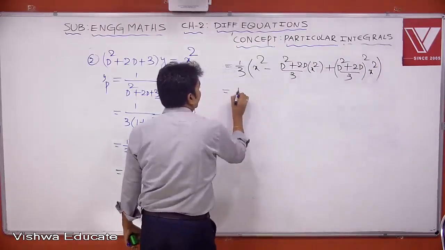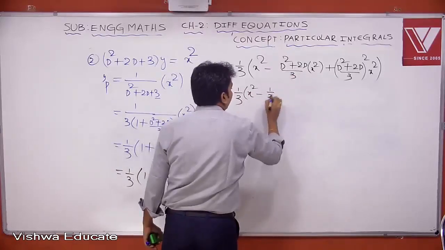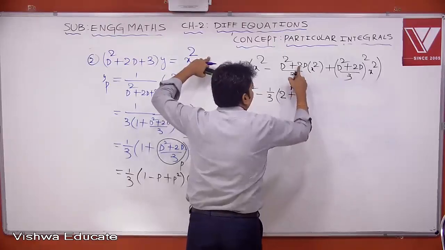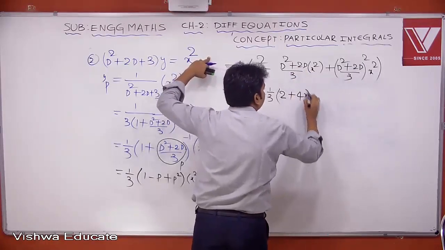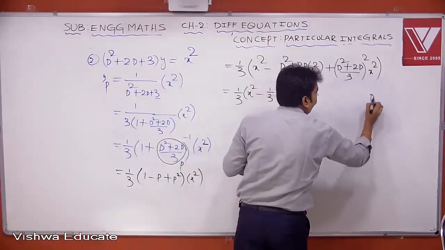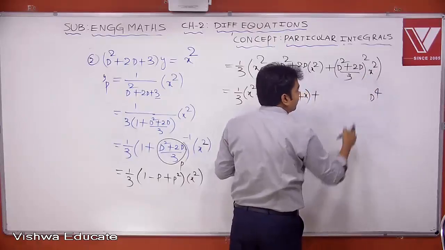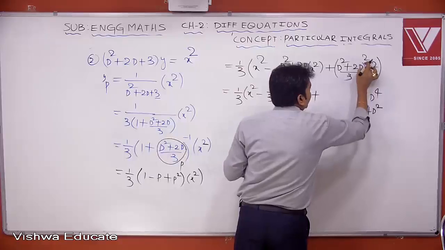So therefore this is 1 by 3 into x square minus 1 by 3 into (D square of x square is 2, plus 2 into derivative of x square, 2x, which is 4x), plus (a plus b) whole square. You will get D power 4 terms. D power 4 of x square contributes nothing. Here b square, you will get 4D square, but 4D square by 9.